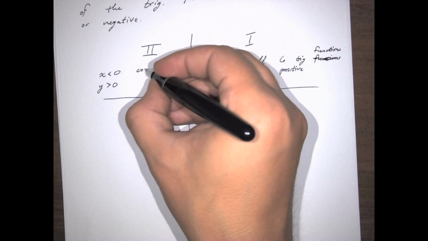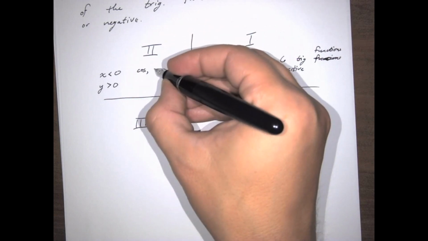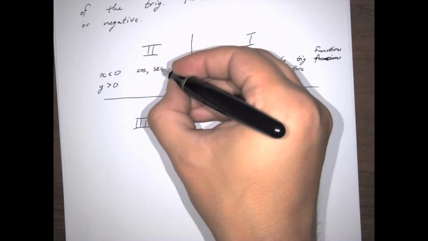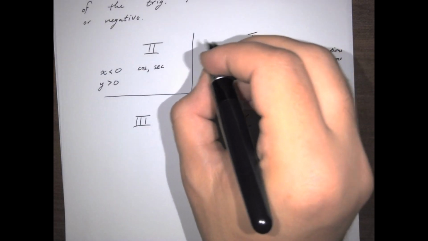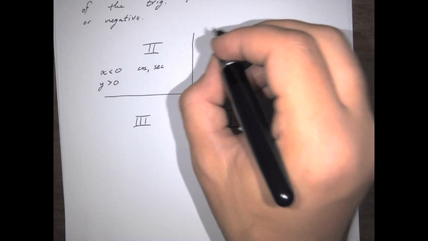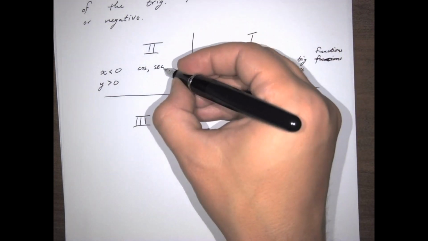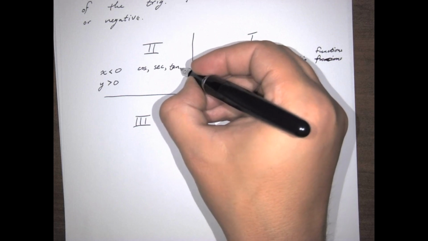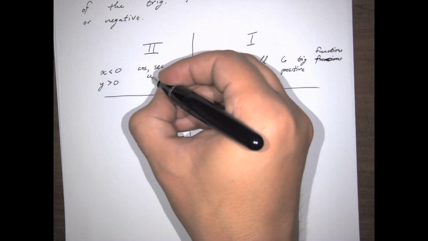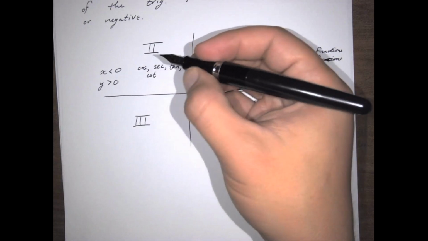So for one thing, cosine and secant are both negative. But also, if we have a positive divided by a negative, that'll always be negative. So that's going to be the case for tangent and also cotangent for the reciprocal reason.